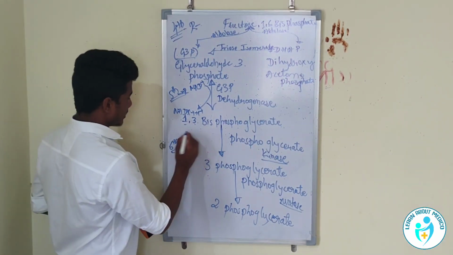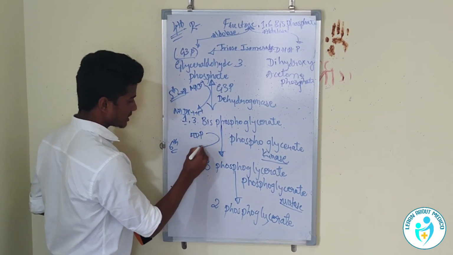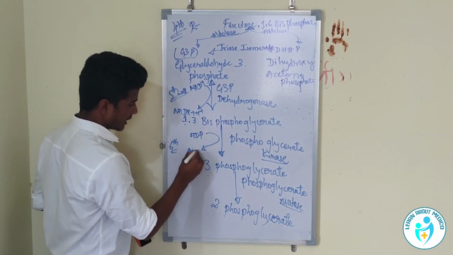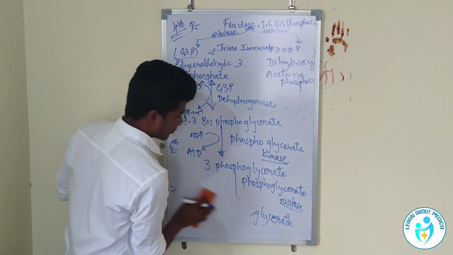Again, in the sixth step, ADP gets converted into ATP. Okay, the next step I will show above.